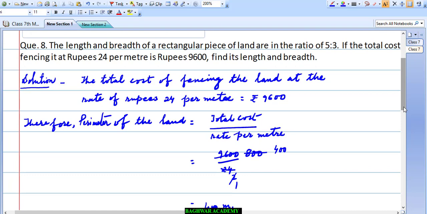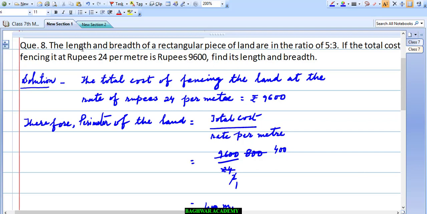Your question is: the length and breadth of a rectangular piece of land are in the ratio of 5:3. If the total cost of fencing it at rupees 24 per meter is rupees 9,600, find its length and breadth. I have already solved these questions, so just try to understand how it has been solved.